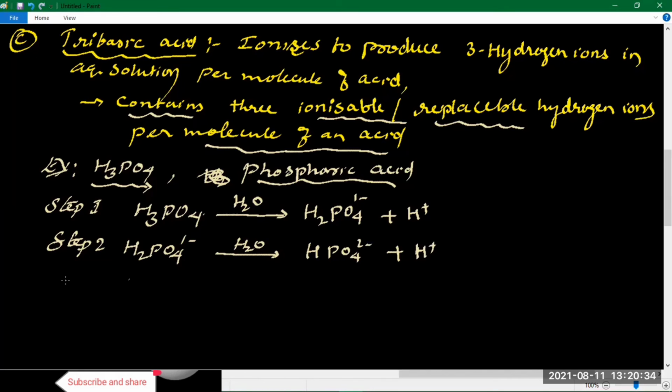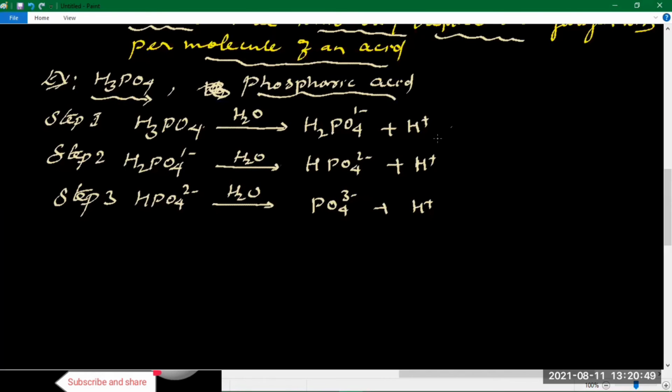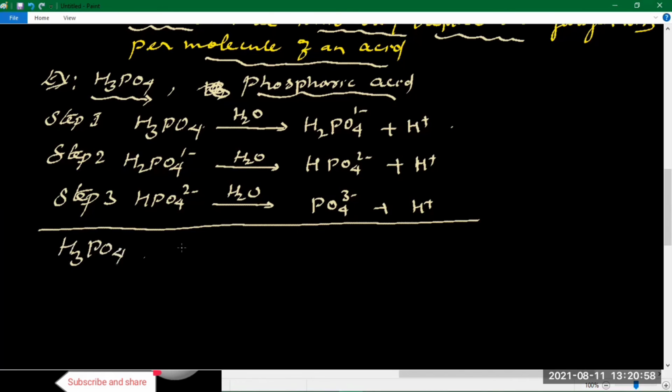And finally, in step 3, HPO4 2 minus ion ionizes to form PO4 3 minus plus H plus ion. Overall, in the first step it releases one hydrogen, in the second step one hydrogen, in the third step one hydrogen. Overall, when H3PO4 dissolves in water H2O, it releases three replaceable hydrogens.